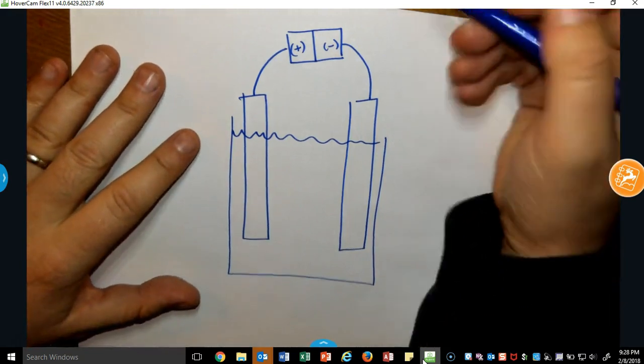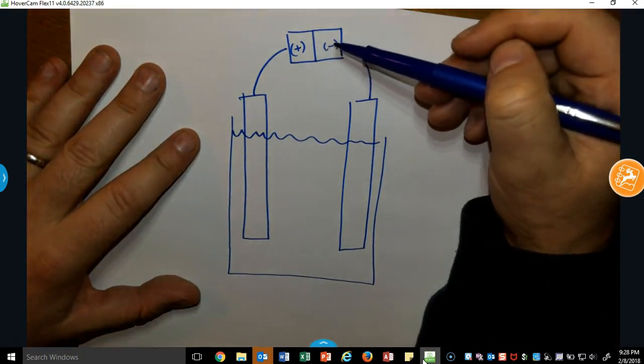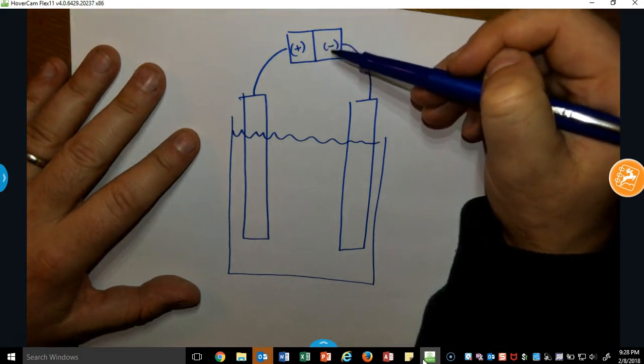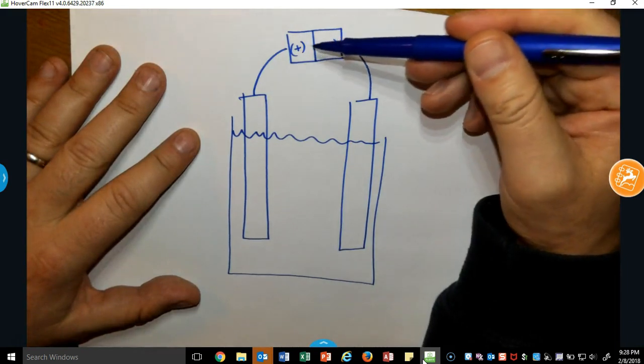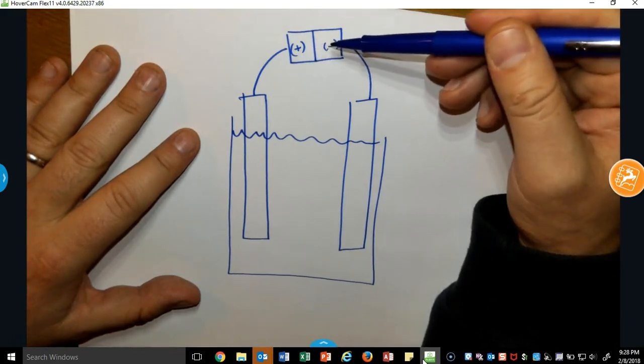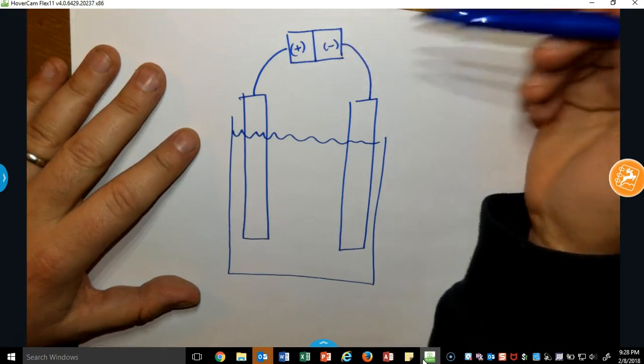Right? Now, what happens in the battery is we have the negative pole, and the negative pole is negative because all of the electrons in that battery are on that side. Now, they want desperately to get to the positive side of the battery. That's all they want to do, but they're blocked inside the battery from doing so.